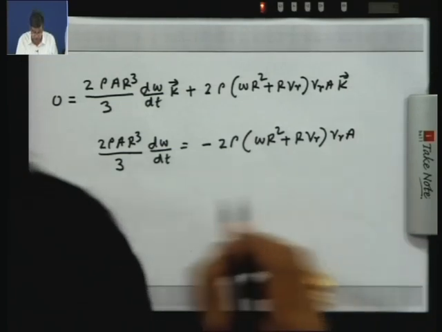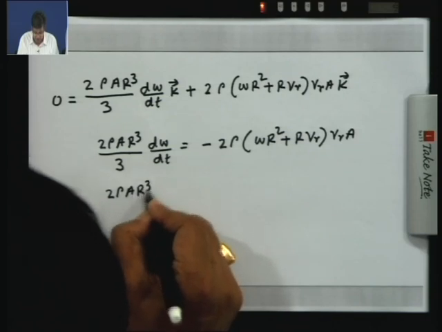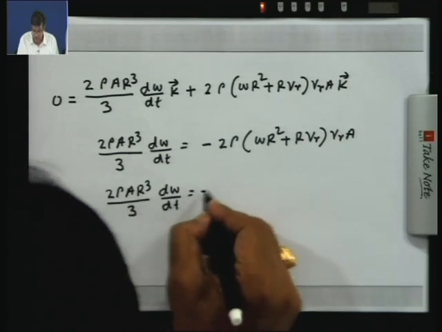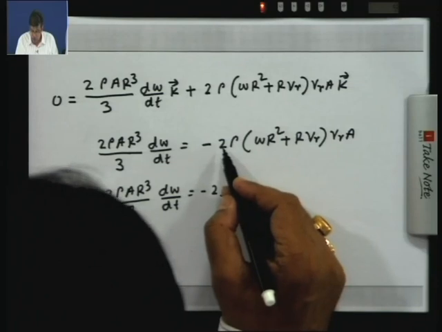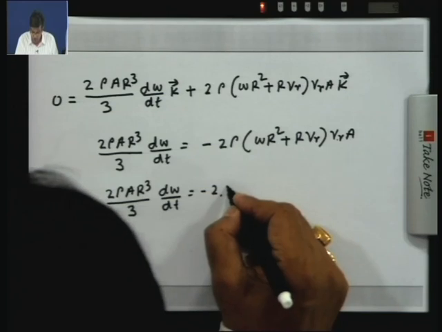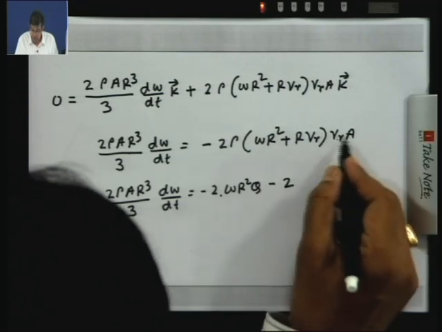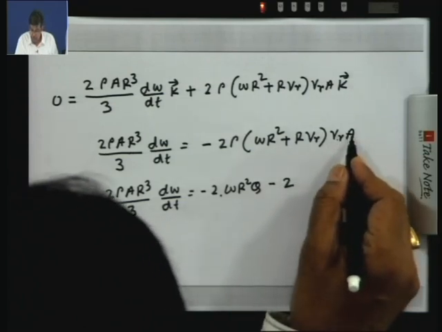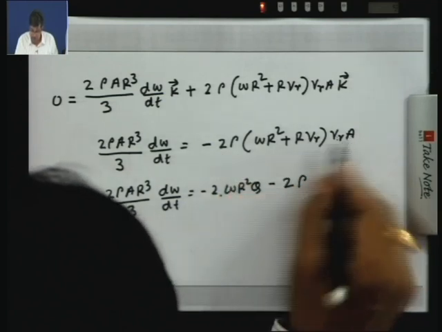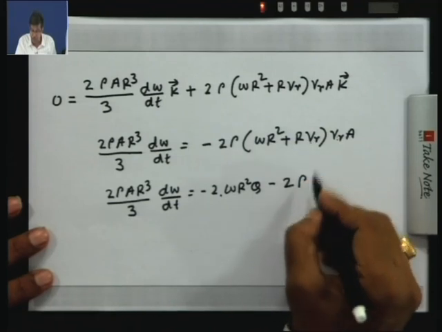Now if I replace everything in terms of Q, then it becomes 2 rho A r cube by 3 d omega dt is minus 2 rho. Now you see 2 Vr into A is our Q, we define Q. So omega r square into Q minus 2 Vr A is Q, 2 rho, then Vr, this is another Vr, Q and Q square by 2.